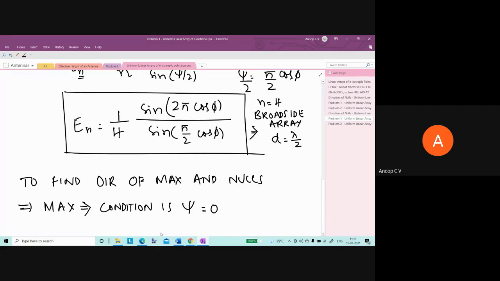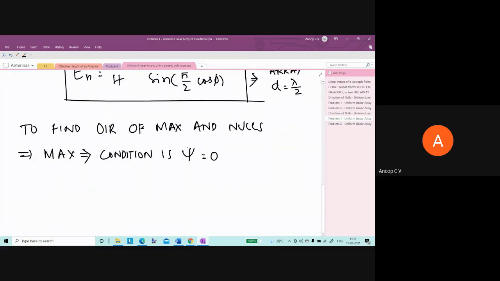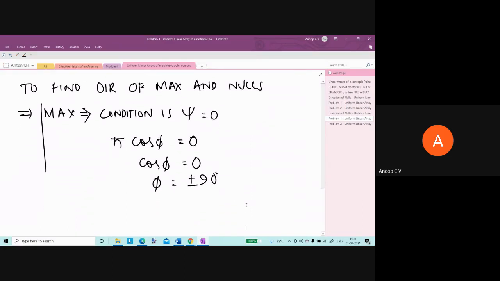In this case, π cos φ should be equal to 0, which implies cos φ should be equal to 0, which implies φ is equal to plus or minus 90 degrees. So this is the maxima. We don't have to find it, because if you put delta equal to 0, by default the maxima will be along plus or minus 90. So this is the direction of maxima.